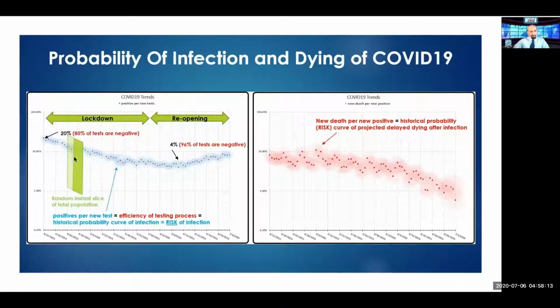This is remarkable because now, for perhaps the first time since the outbreak of the pandemic, we created quantitative risk curves for both infection and fatality. These are risk curves based on data that represent the probability of infection and the probability that someone who is infected will die.